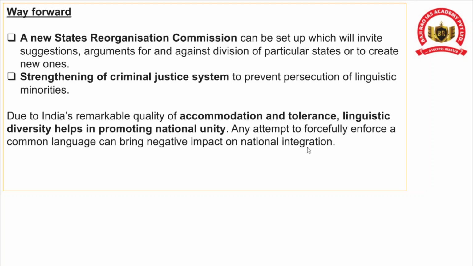Therefore, there should not be any attempt to impose Hindi on people who don't want it, because they often feel that Hindi imposition in their regions would lead to less priority to their native languages, whether it is Kannada, Tamil, or Malayalam. So this is how you can conclude this answer.